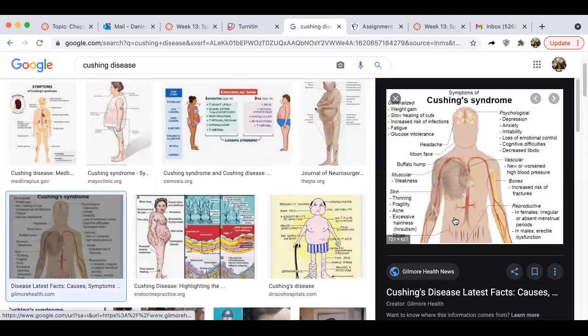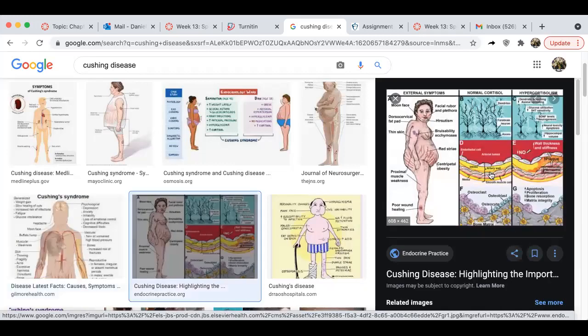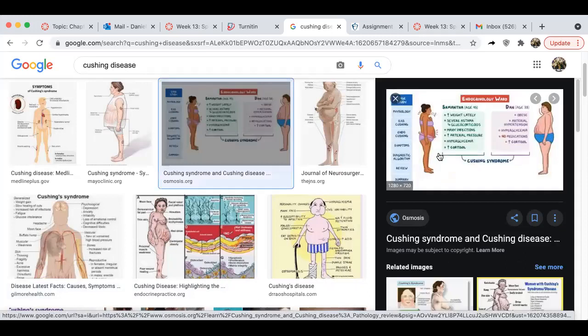And the reason why there are so many symptoms is because all these cells in the body, the muscular system, the integument, reproductive, skeletal, cardiovascular, neurological, they all have receptors for cortisol and they all respond accordingly. And these are some more symptoms. So you're seeing that the effects on the organism are widespread.